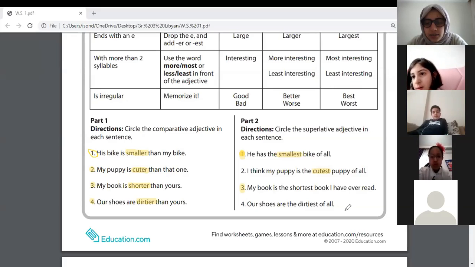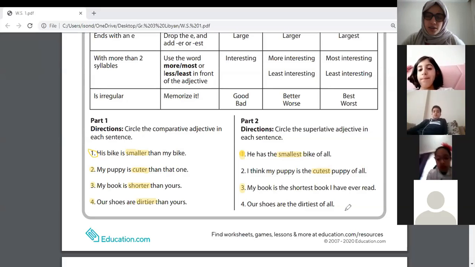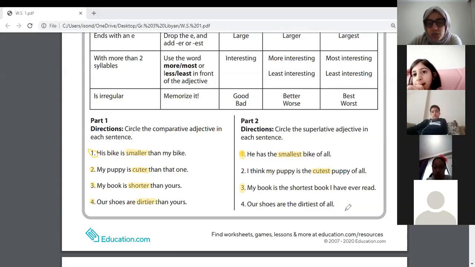Well done, Bashair. So I'm comparing between my book and all the books I read before. So I'm comparing between more than 2 nouns. So which word here is comparing and is ending with est? Shortest. Well done, Bashair.